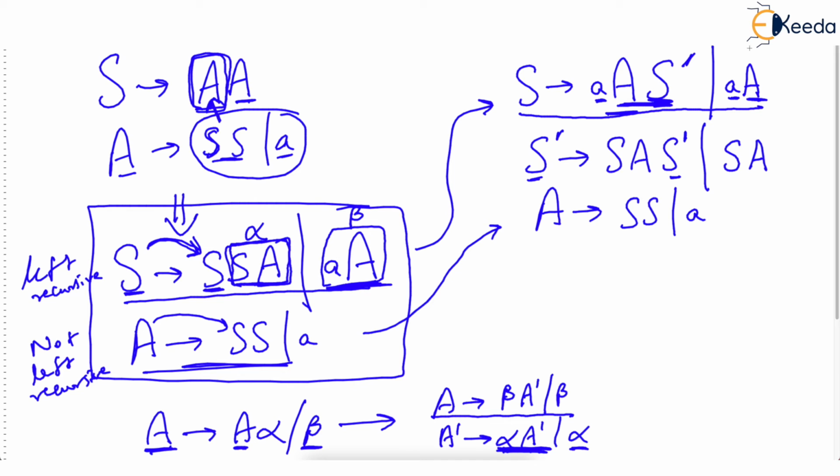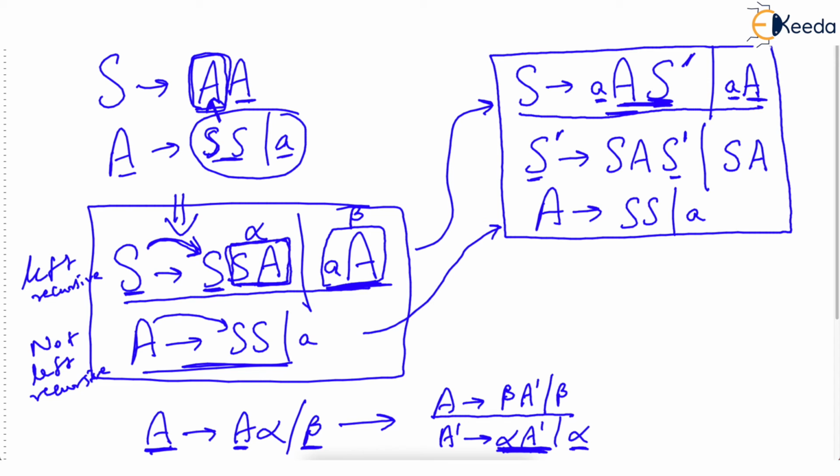Now, how many of you watching this video are understanding that we are successful in building a GNF? You will say, no sir, agreed this is in GNF, but this isn't in GNF, because the right hand side should begin with terminal and then list of non-terminals. So this is not in GNF, and this is also not in GNF, sir.